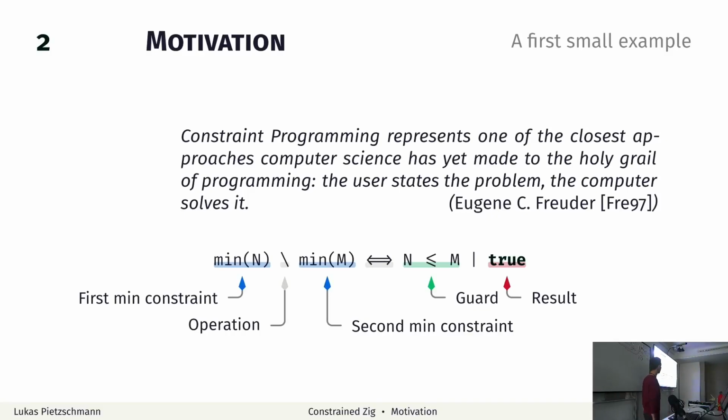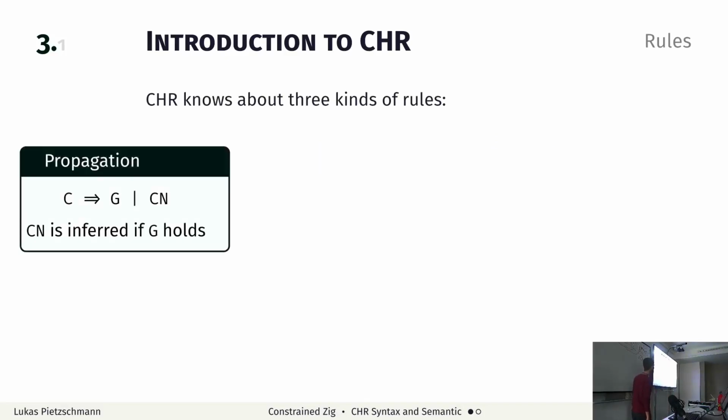Sure, so this backslash is not the only operation that CHR supports. We also have, for example, a propagation rule. Propagations are used to add logically equivalent new information. That can be useful, for example, if... Well, I can't think of a concrete example now, but it typically is useful to just add new information and hope that more rules will be applicable if we have added this new information.